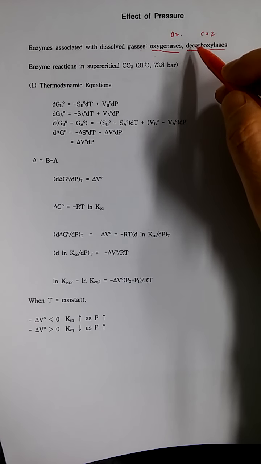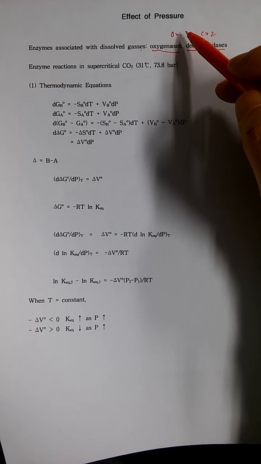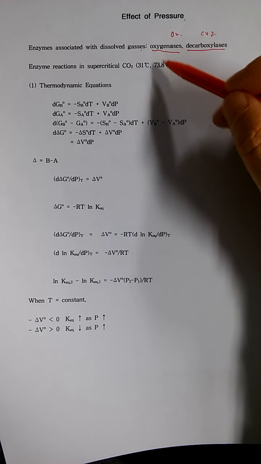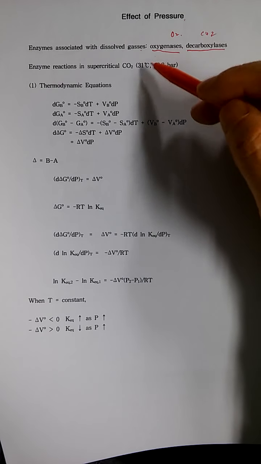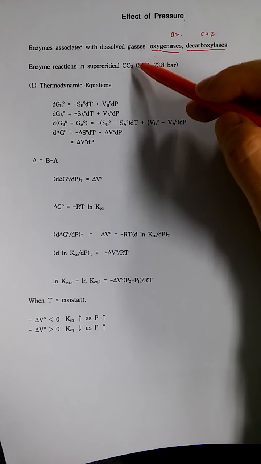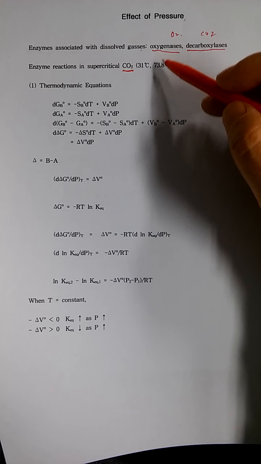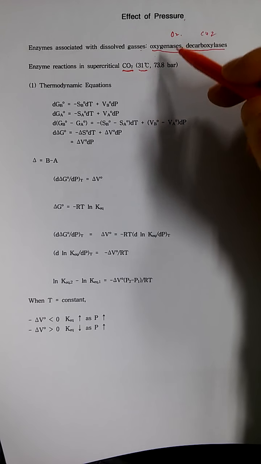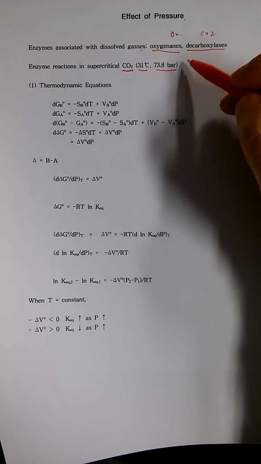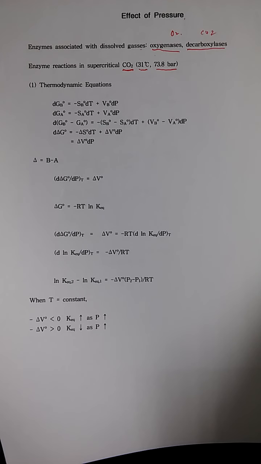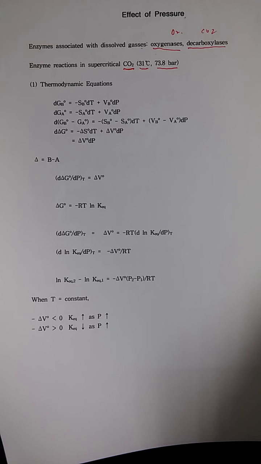Another example of enzymatic catalysis which can be affected by pressure is the enzymatic reaction in supercritical CO2. CO2 can become a supercritical solution at 31 degrees C and 73.8 bar, which are rather mild conditions, so enzymatic reactions in supercritical CO2 have been actively studied.